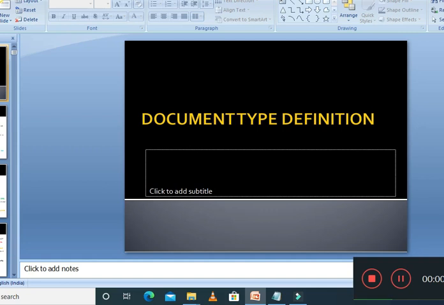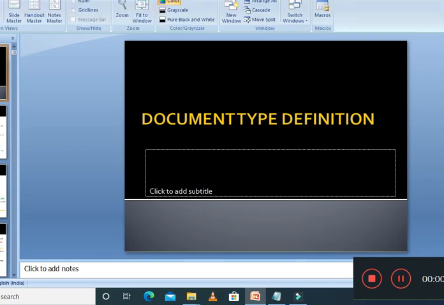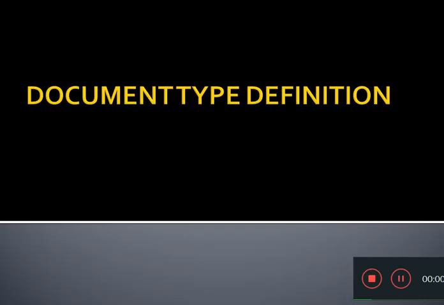We will be discussing the basic syntax of a DTD, the structure of DTD, DTD elements, the syntax of DTD elements, the types of DTD element rules, and in that we will discuss the content rule and the basic rule.